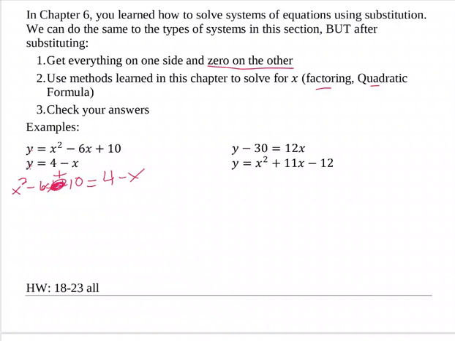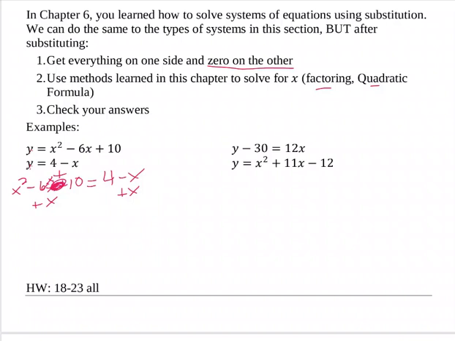Now what we want to do is get everything on one side, so we have equals 0. So we're going to add x. But I'm also needing to get rid of this 4 on this side so that I have equals 0.